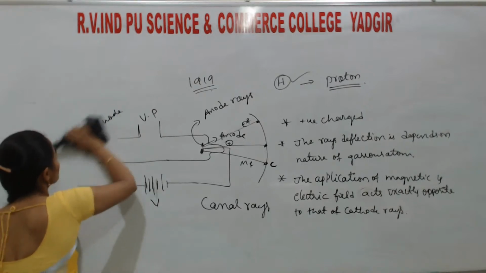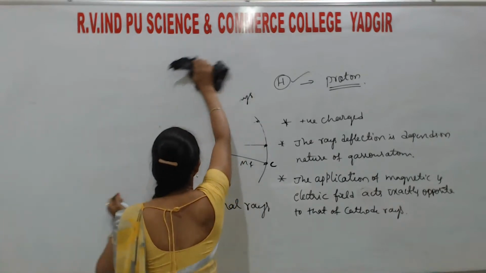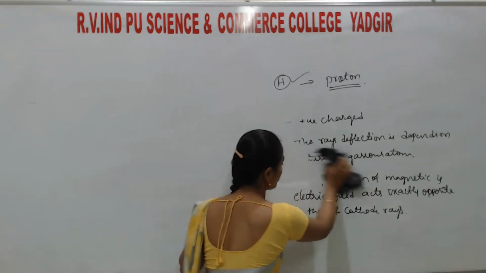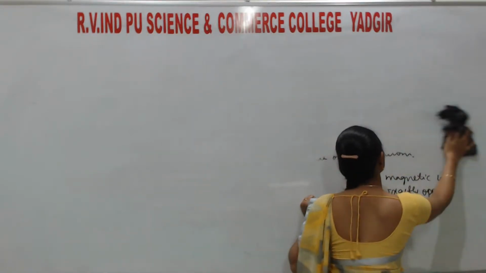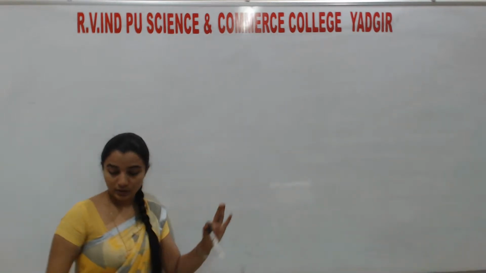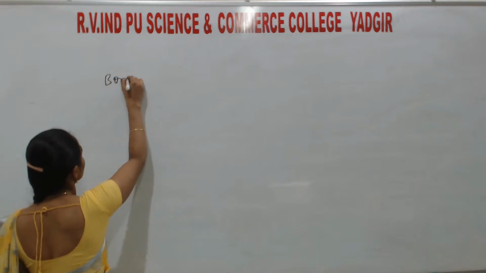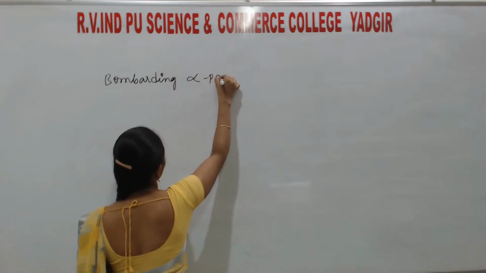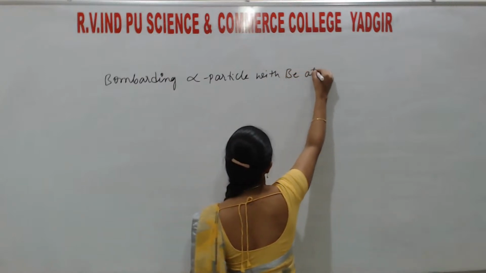Next, another one is the discovery of the neutron. So we got the electron and we got the proton, and another one we need to know is the neutron. This neutron is not identified by any chemical experiment, but by a physical experiment, done by bombarding an alpha particle with a beryllium atom.